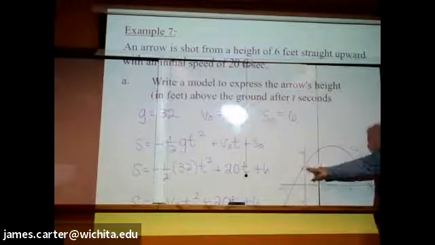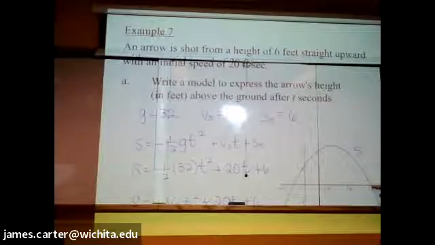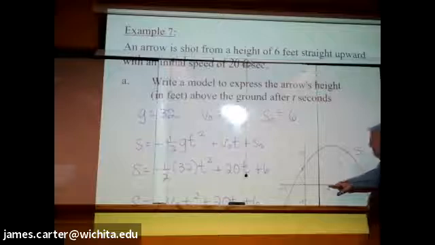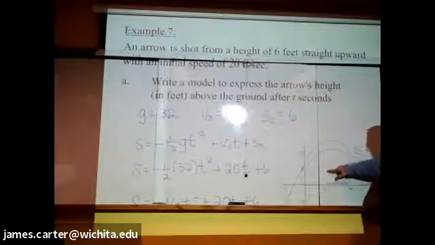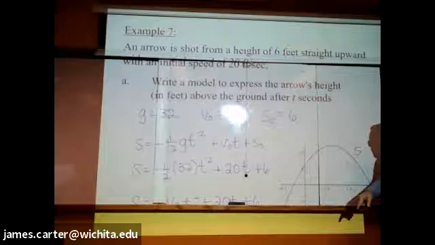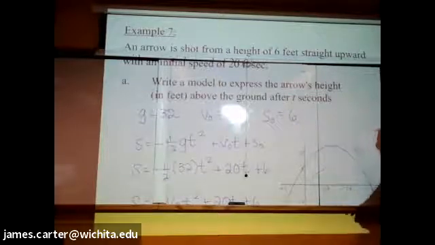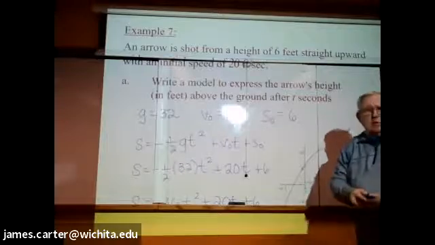That means its total flight from here to here was 1.5 seconds. Its total height of flight was 1,200 feet, assuming these are hundreds. Okay? That's the way that works.